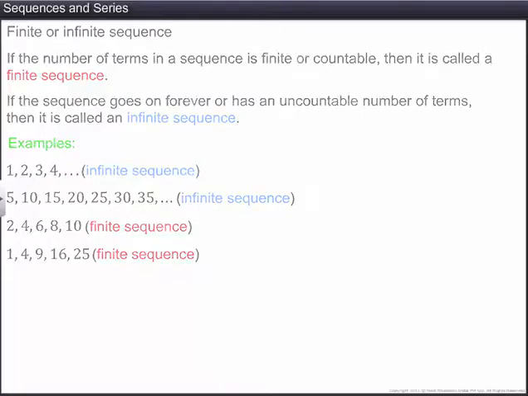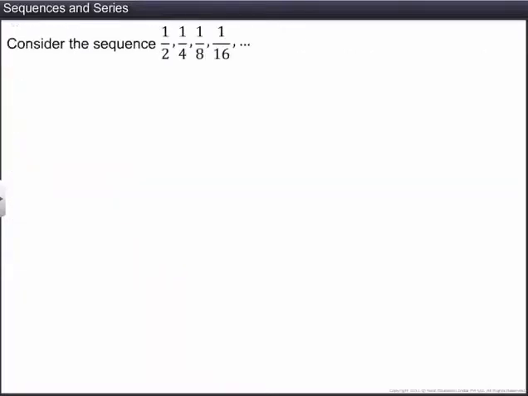For example, consider the sequence 1/2, 1/4, 1/8, 1/16, and so on. The first term of this sequence, 1/2, can be written as 1/2 raised to the power of 1.